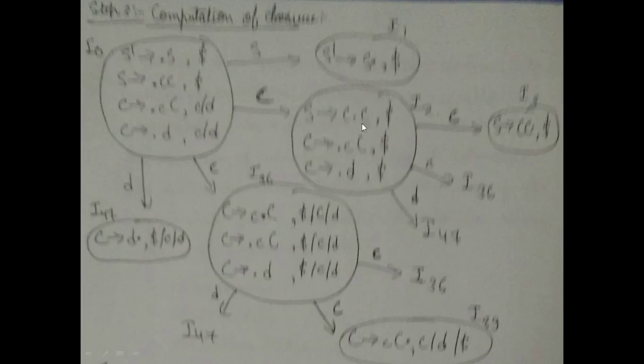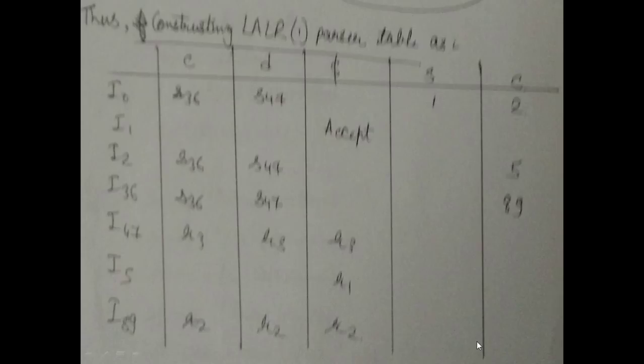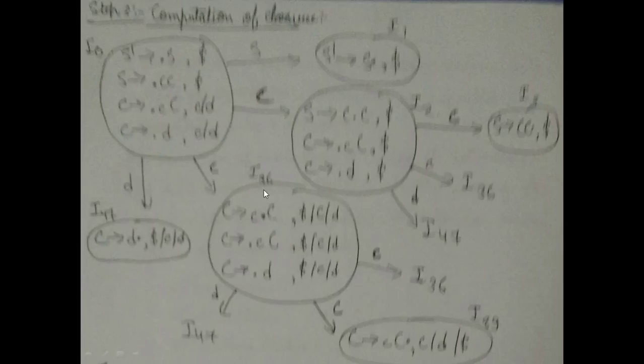Similarly doing it for other states also, we get three new states. I3 and I6 have been converted to I36. I4 and I7 have been merged into I47, and I8 and I9 have been merged into I89. Thus, what we get is the following table.